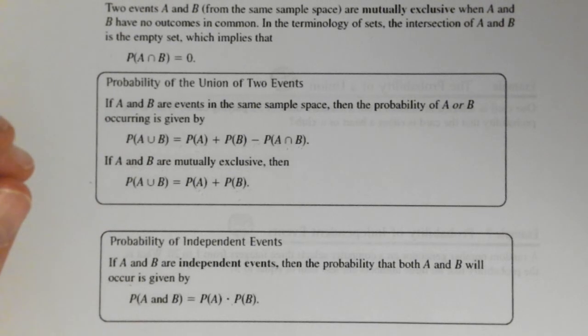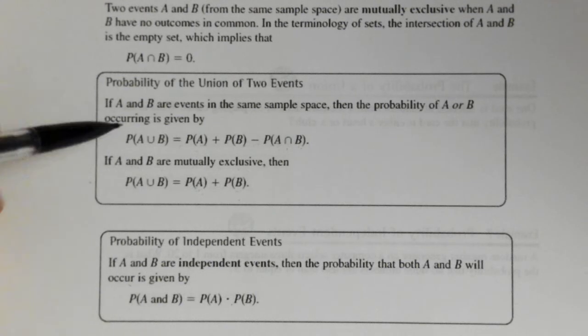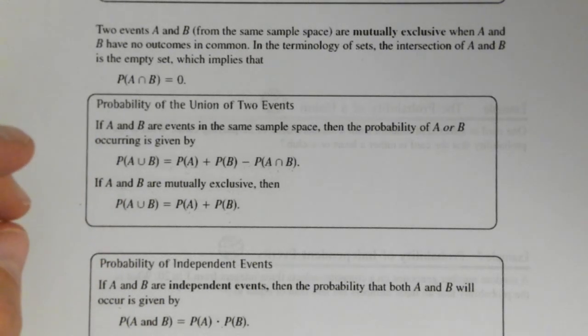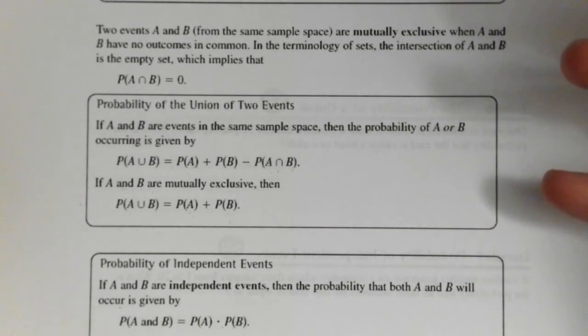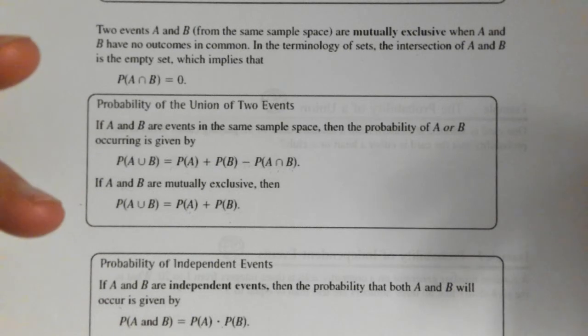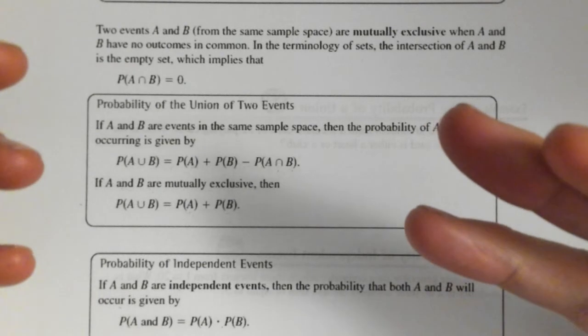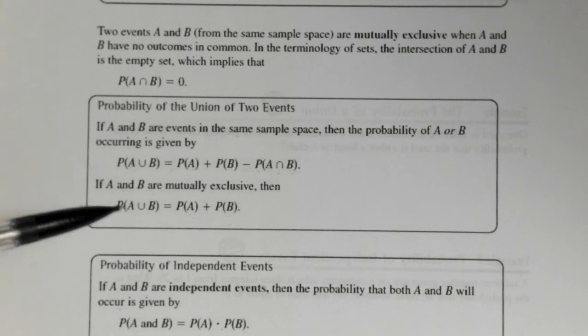Let's say in a deck of cards, for example, what's the probability of choosing a heart or choosing a king? Well, there's 4 kings in the deck and there's 13 hearts in the deck, but one of those kings is a heart. So in other words, you don't want to count that twice, so you end up subtracting off the one that they have in common, right?